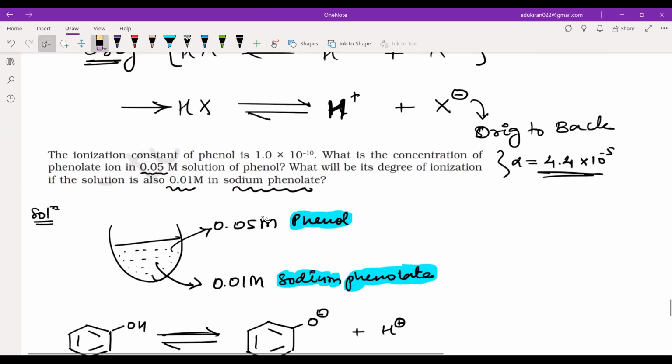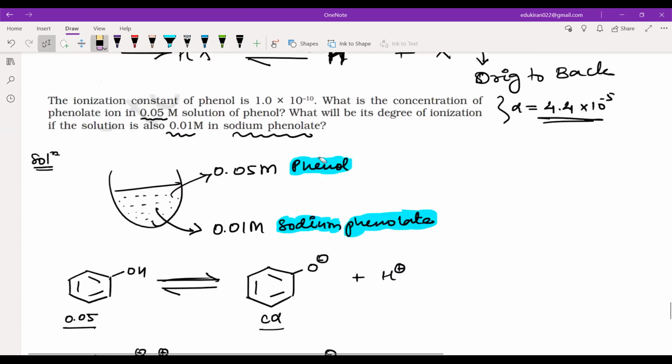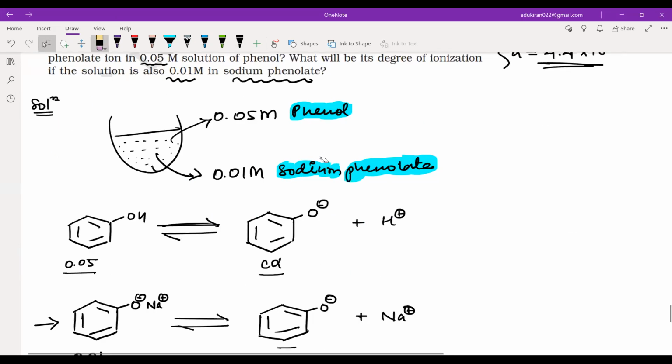What is the concentration of phenolate ion in 0.05 molar solution of phenol? What will be its degree of ionization alpha? The solution is also 0.1 molar in sodium phenolate. Okay, so at last I have to calculate the concentration of phenolate ion and multiply that with the C, and Ka is also given.